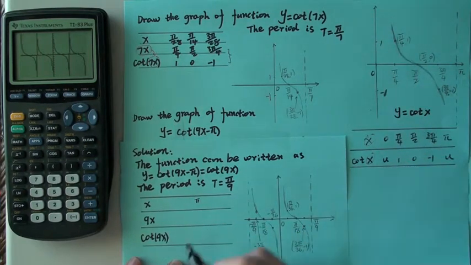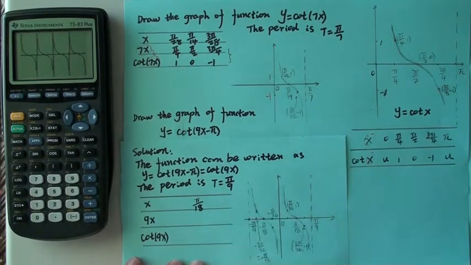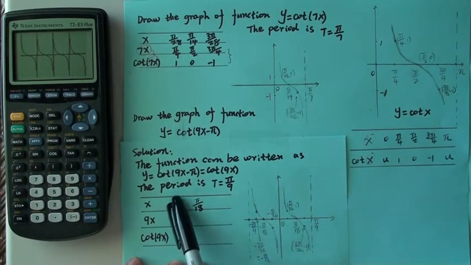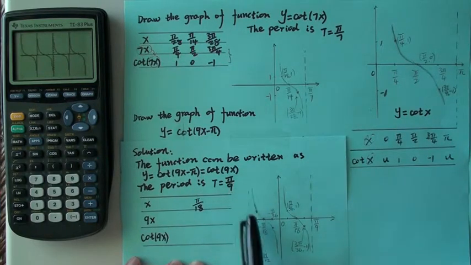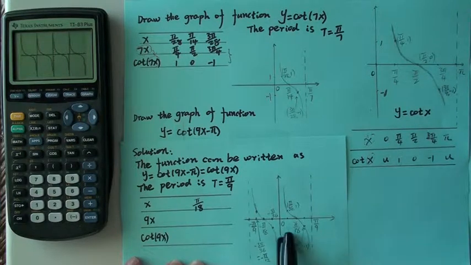So how about here, 9 multiplied by 2. It's basically right here. From 0 to pi over 9, that's one period. The period is pi over 9. And then the middle point will be pi over 9 divided by 2, or pi over 18, right here.